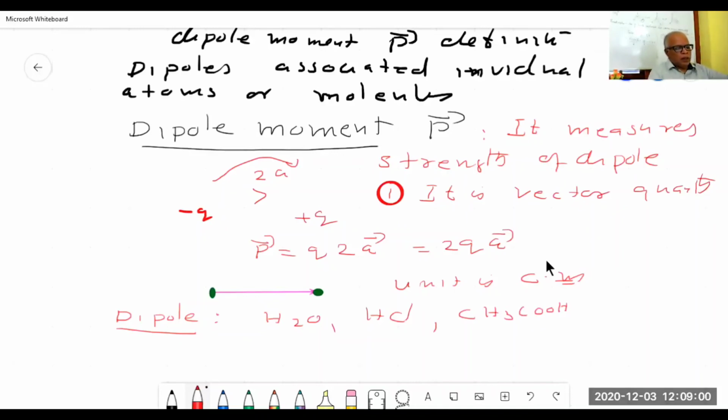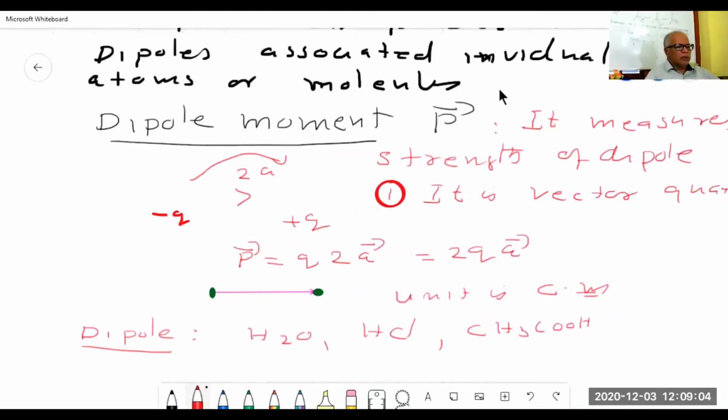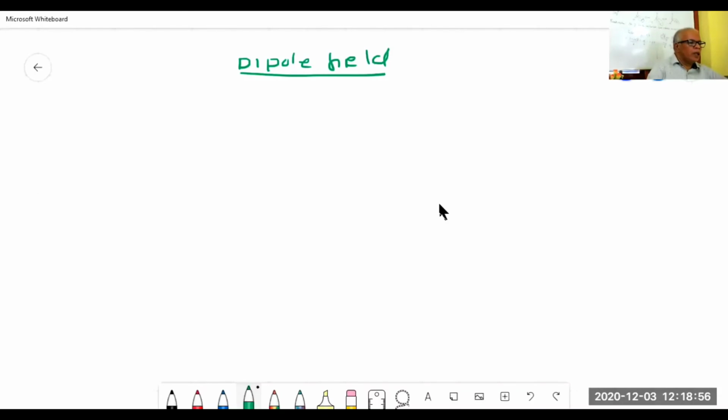Now we will see the electric field due to a dipole. Next part: electric field due to a dipole, which is called the dipole field.